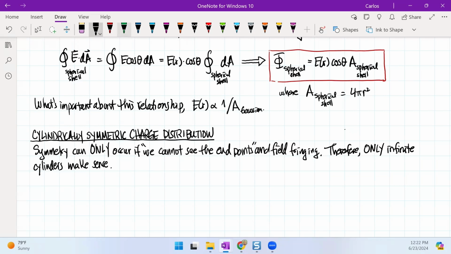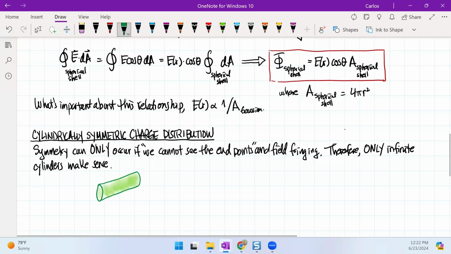So now let's look at a cylinder. You can imagine that I have a cylinder. And again, the symmetry of the charge distribution must also be the symmetry of the Gaussian. This thing continues to go forever, but we have a uniform distribution.